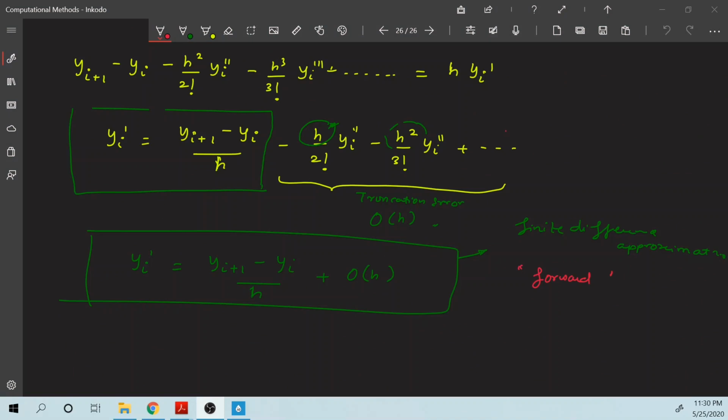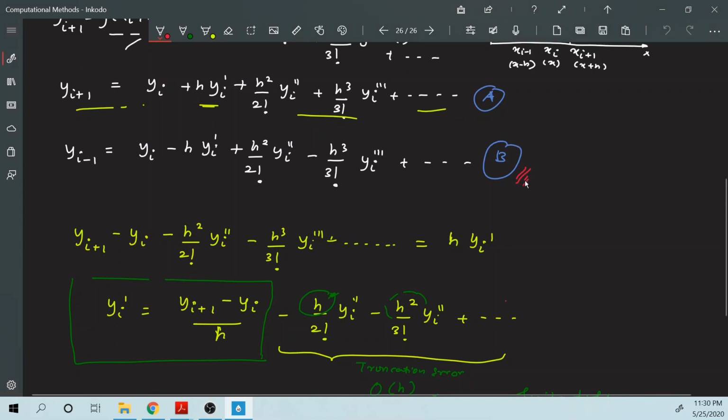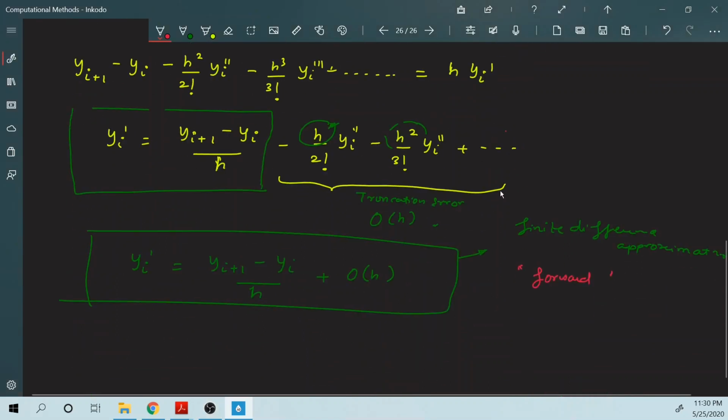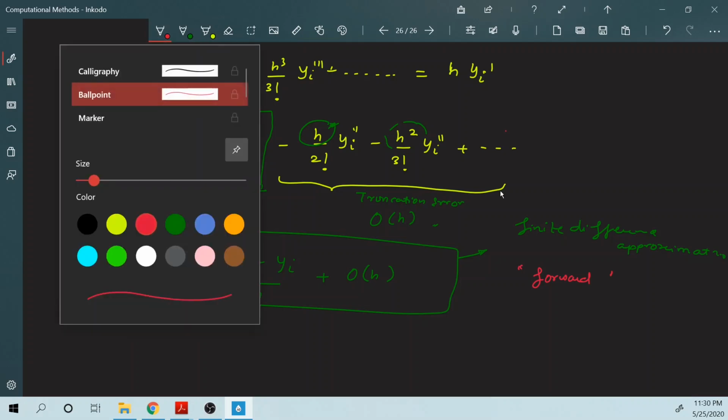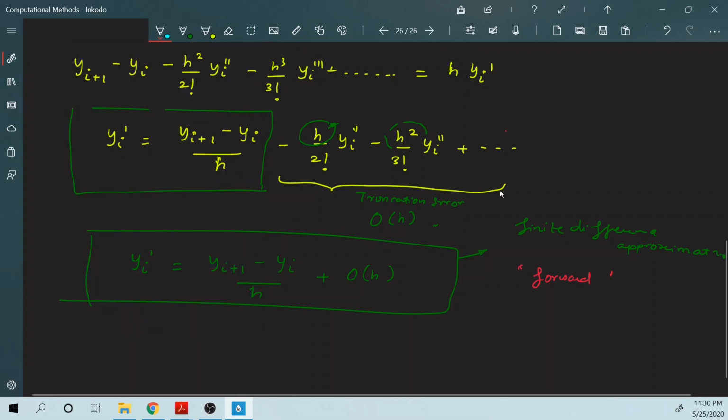So if you play with your equation B, similarly, you'll find out that you get another formula for the derivative, and that formula is yi dash, this is going to be (yi minus 1 minus yi) divided by h.